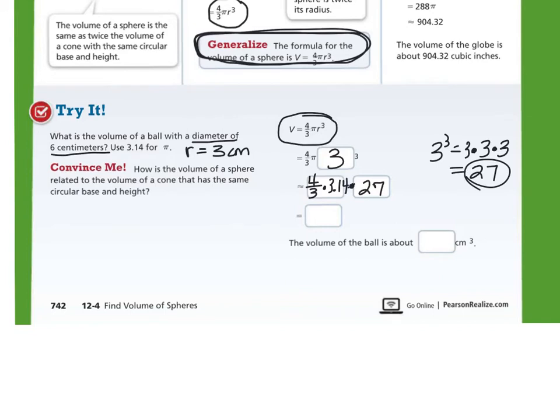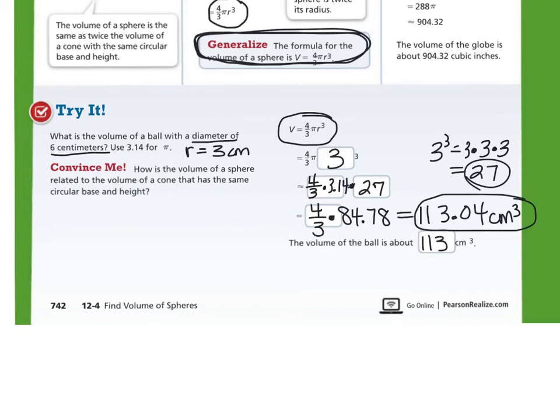Now multiply those out and tell me what you get. Now, did you remember how to multiply 4/3 times the rest of the numbers? Remember that when you do 4/3 times those values, it's like multiplying all of your top numbers together, and then you're going to divide by the 3 that's on the bottom.